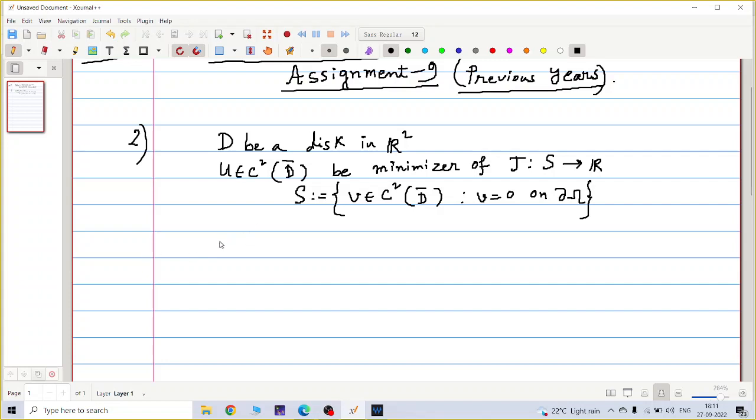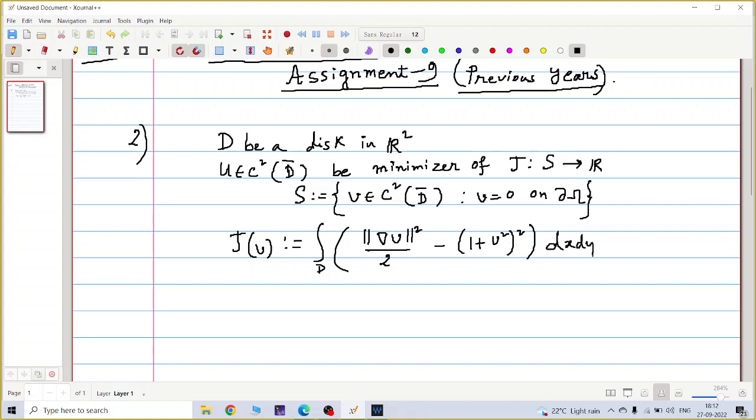Now, the functional is given as J of V is the integral. So now I will find the PDE.